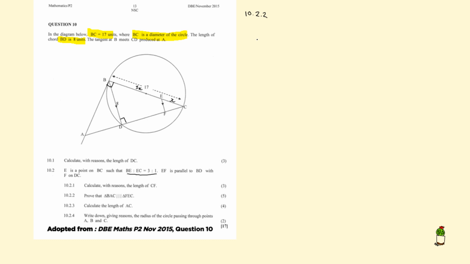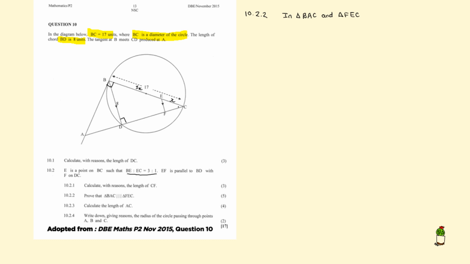Okay, so we're going to say in triangle BAC and triangle FEC.